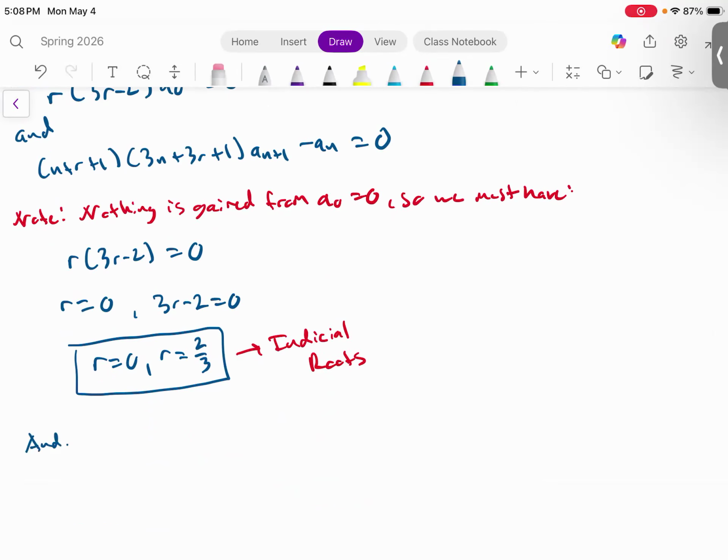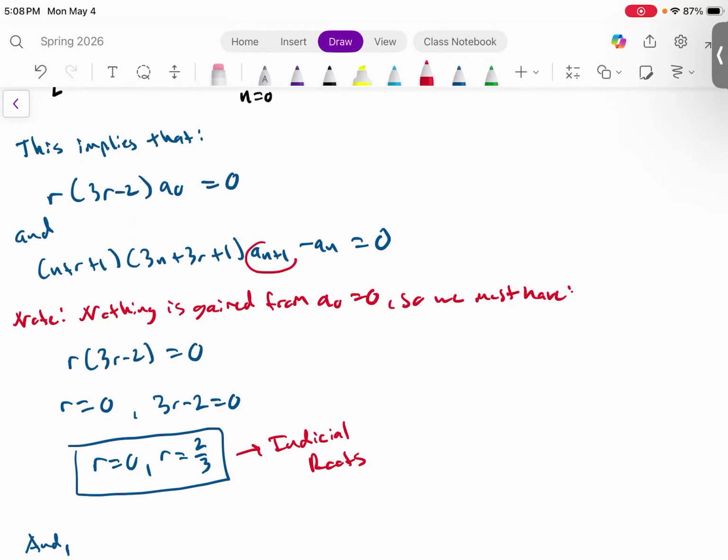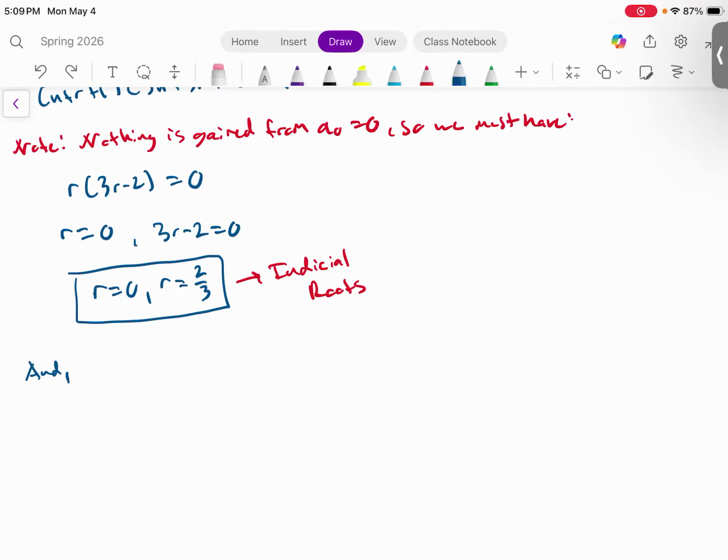And for our recurrence relation, remember we want to solve for the bigger an, so we want to solve for an plus 1, and we're going to move everything over to the right side. So what we would get is an plus 1 equals an all over n plus r plus 1 times 3n plus 3r plus 1.